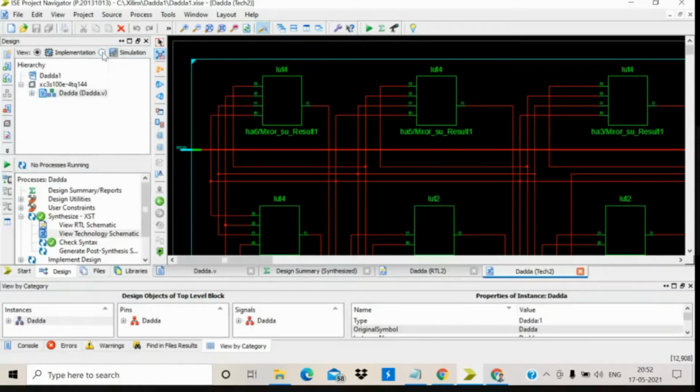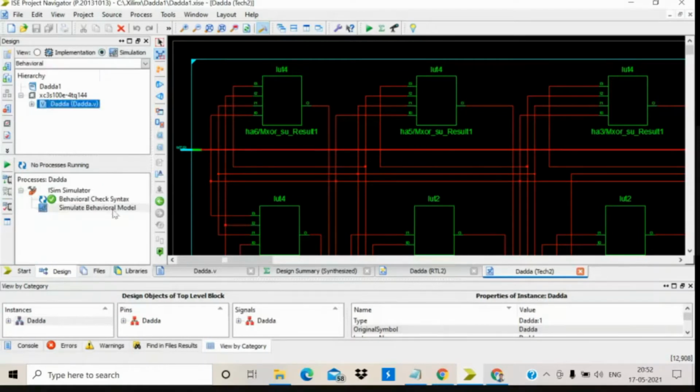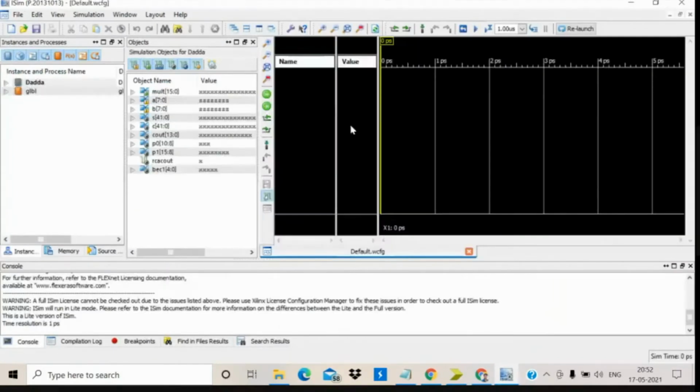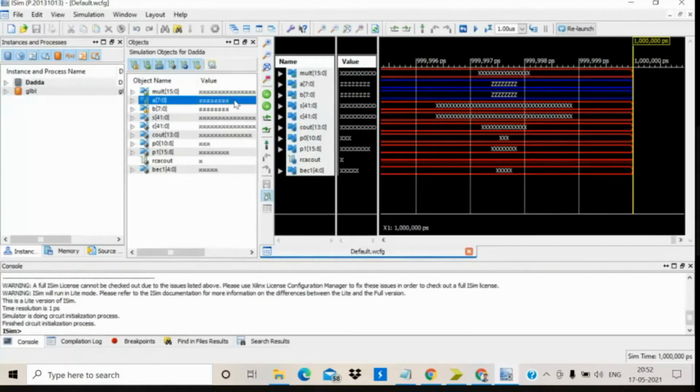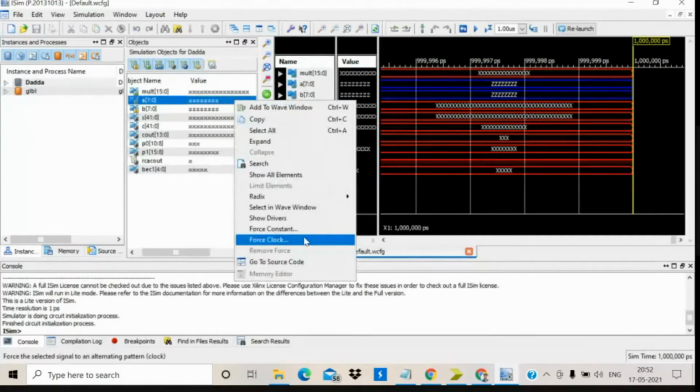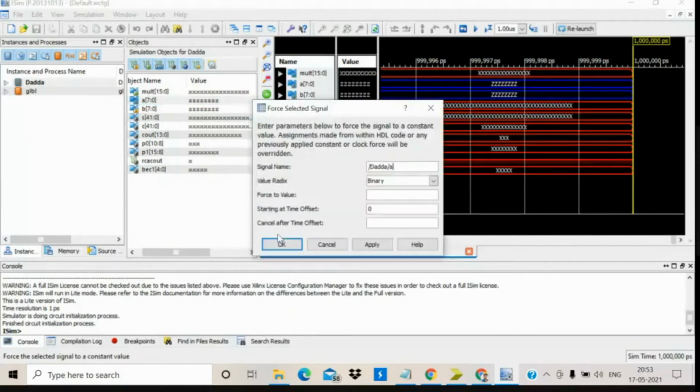Now let's look into the simulation process, guys. Very important thing here. Let me give the values. As we are designing an 8-bit data multiplier, let's look into this simulation process. I am giving the force constant for one of the values as 10101010, and I am applying this.